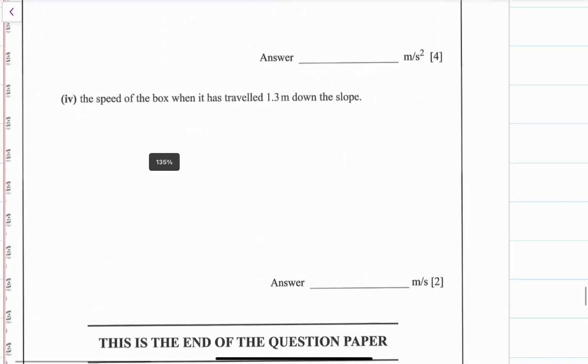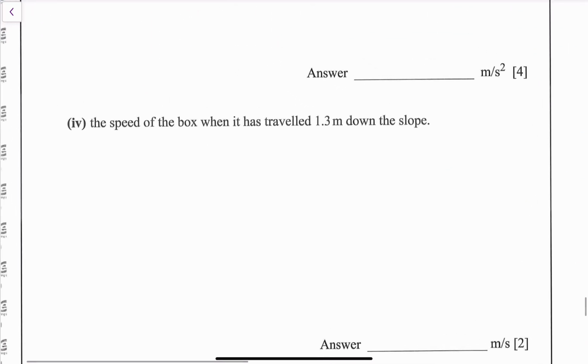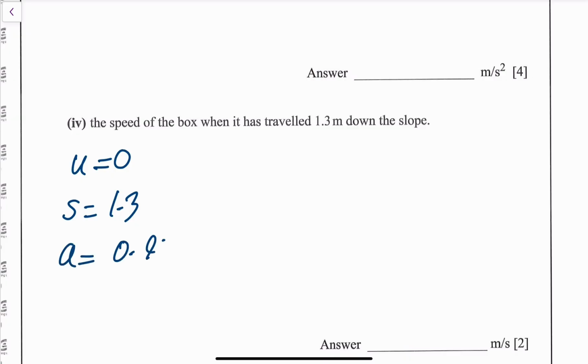Right, the very last bit of the question paper says the speed of the box when it's travelled 1.3 meters down the slope. Its initial velocity is 0, its distance travelled is 1.3. The acceleration is, copying from what I had written down earlier, the more detailed one, 0.935764, and I'm looking to find my v.